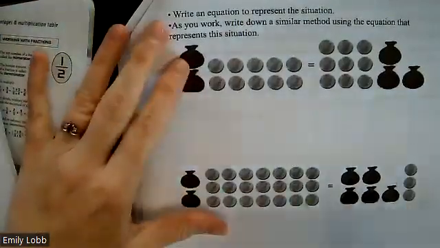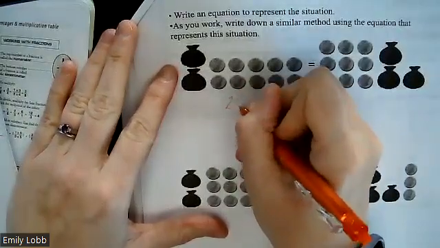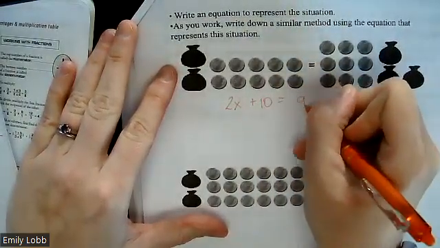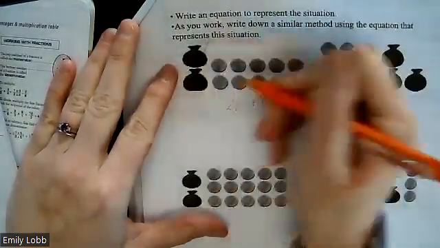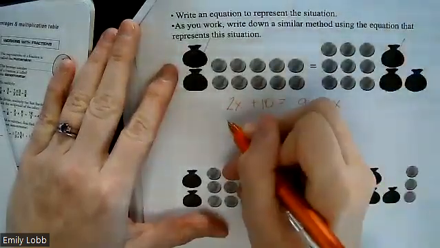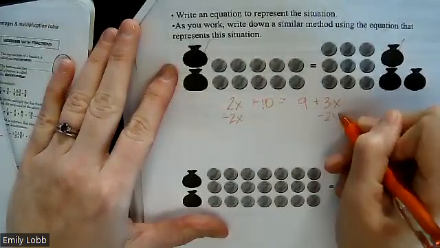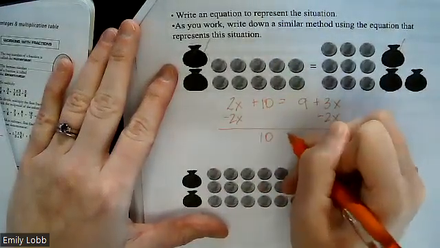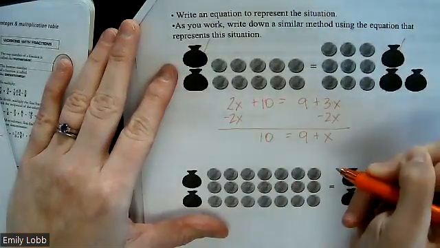All right, so hopefully we're getting these. So when you take away 2x from both sides, hopefully you're showing that. So you're left with 10 coins and 9 plus a pouch.